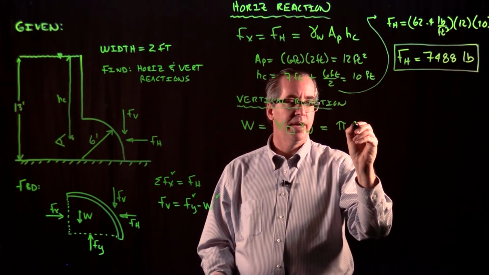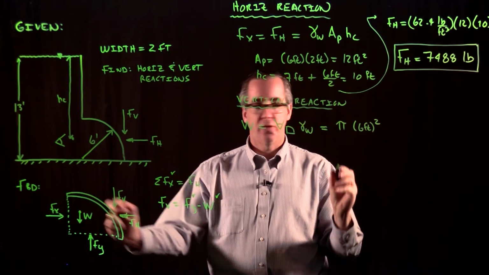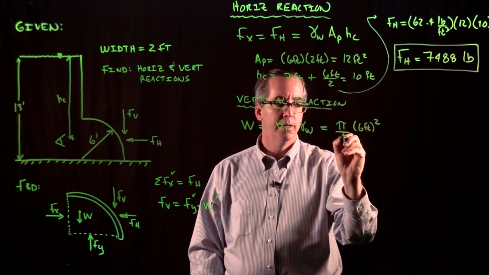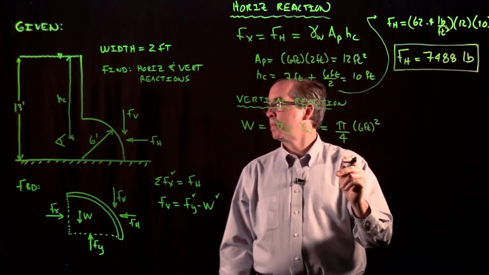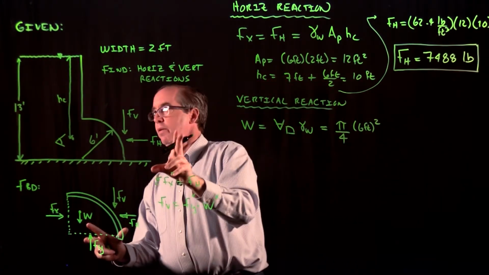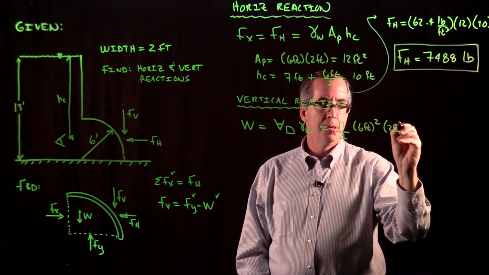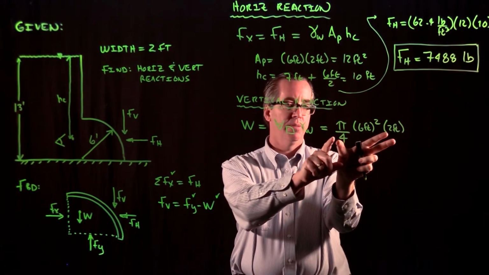Our r is 6 feet. And again, we have a quarter circle, so we'll have a quarter of that area. All right. And then let's see what we've got. We've got 2 feet. Was it 2 feet going into it? Okay, all this represents the volume term.